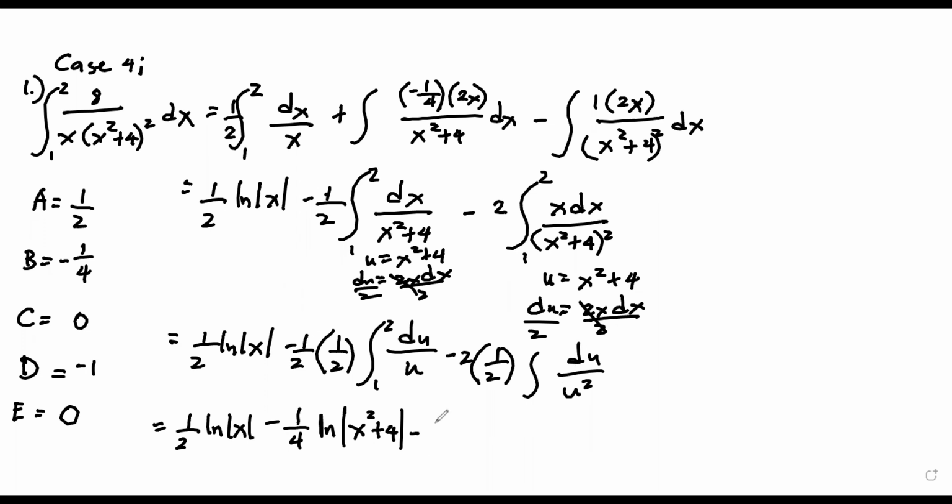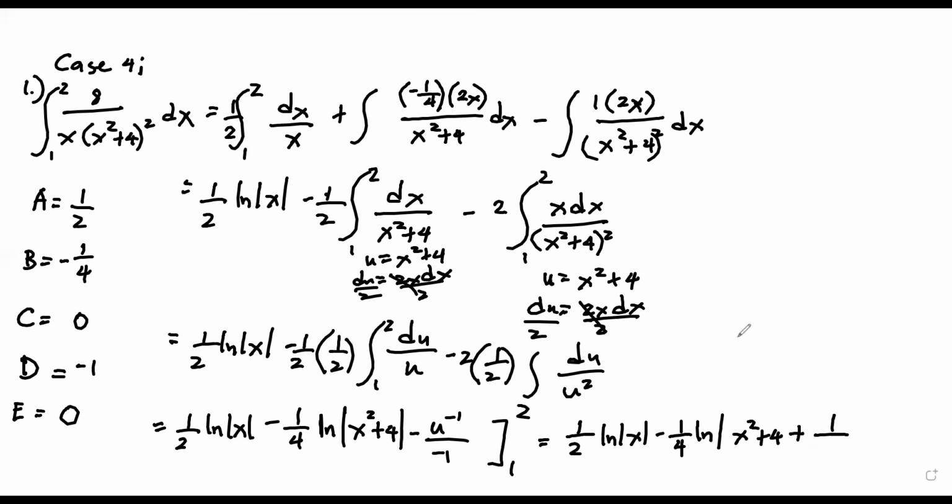So we will have u raised to negative 1 over negative 1 from 1 to 2. So we will have 1/2 ln absolute value of x minus 1/4 ln absolute value of x squared plus 4 plus 1 over, ang u natin ay x squared plus 4 from 1 to 2.